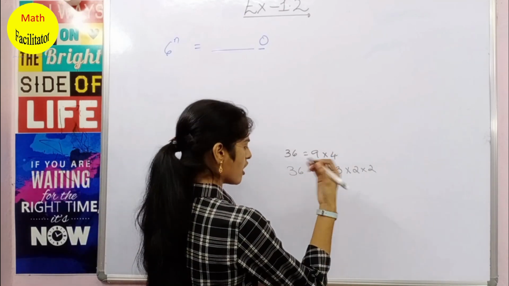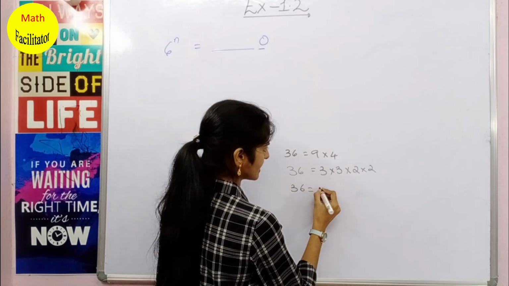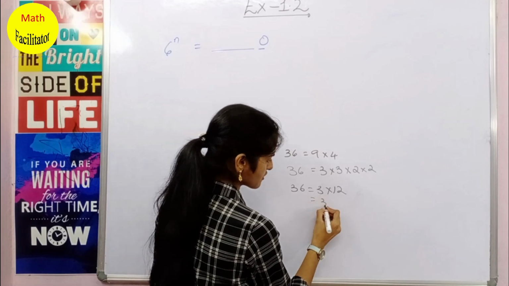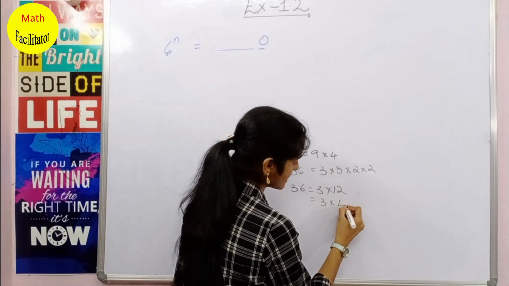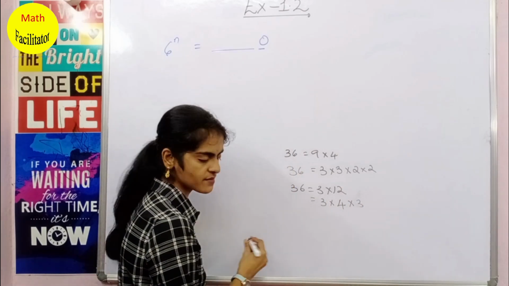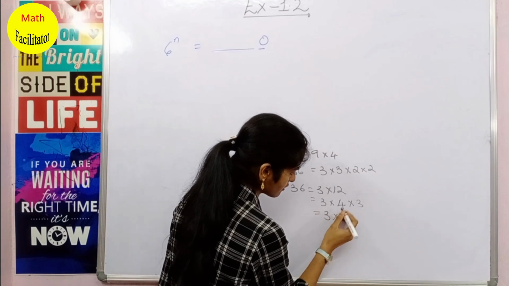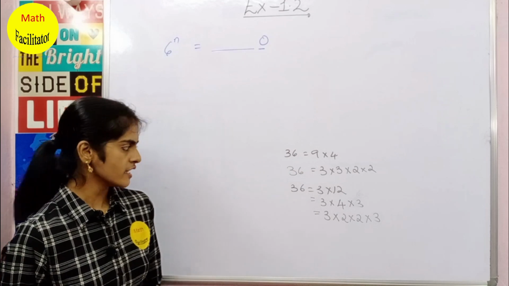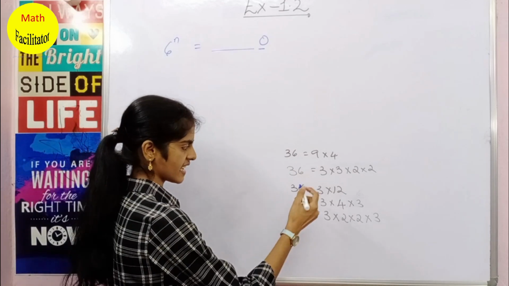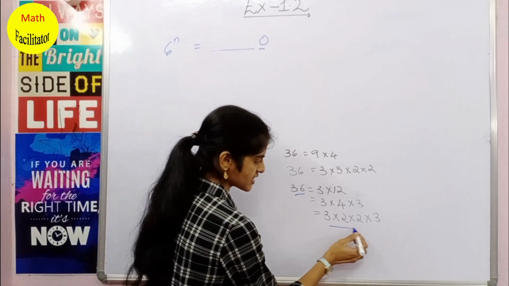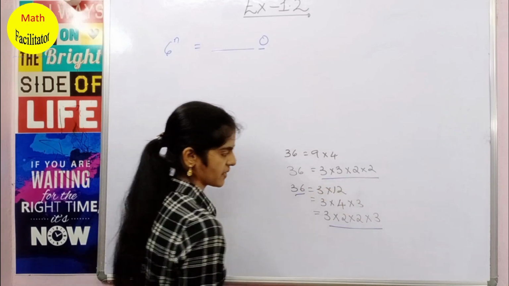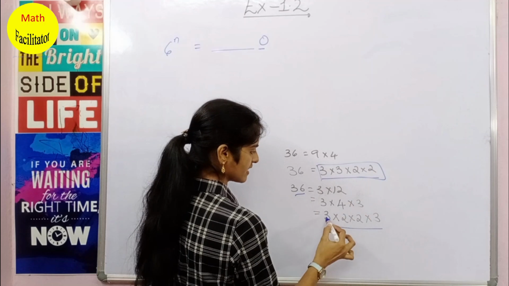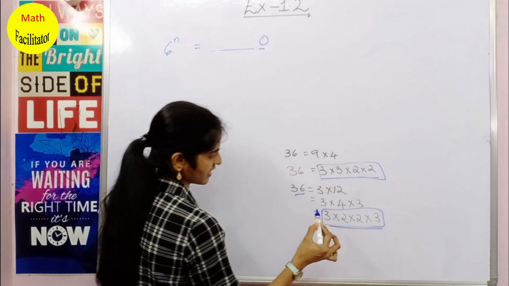Or else 36 I can also write as 3 multiplied by 12. 12 I can write as 4 multiplied by 3, and 4 I can write as 2 multiplied 2 times. So the same 36 I have factorized in two different ways.